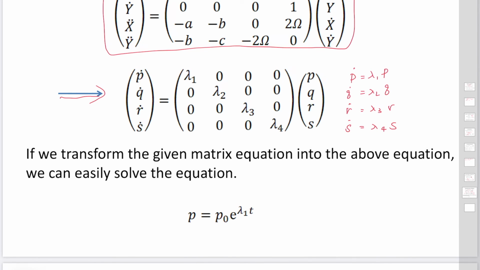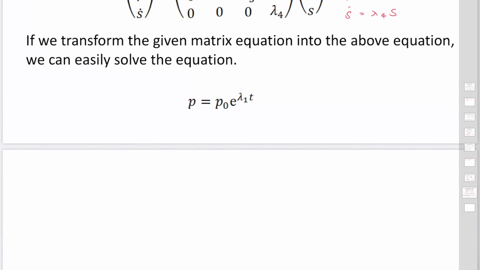Then we'd like to solve these equations. For example, the first equation: P dot equal lambda sub 1 P. This means dP/dt equals lambda sub 1 P, so dP over P equals lambda sub 1 dt.